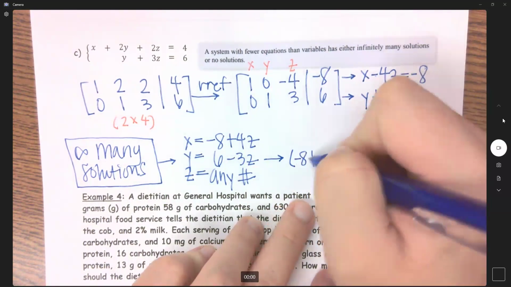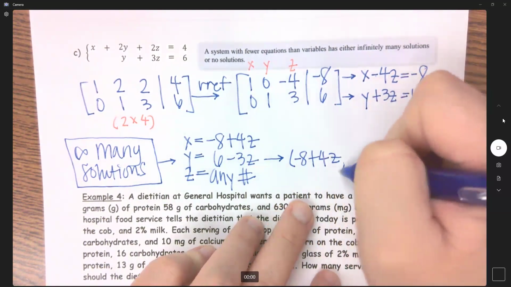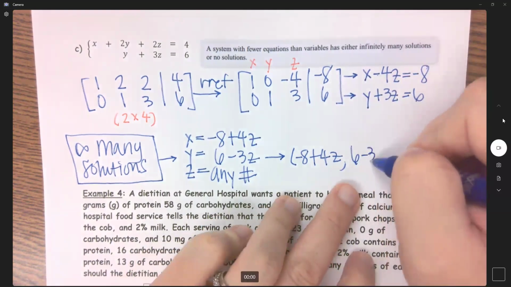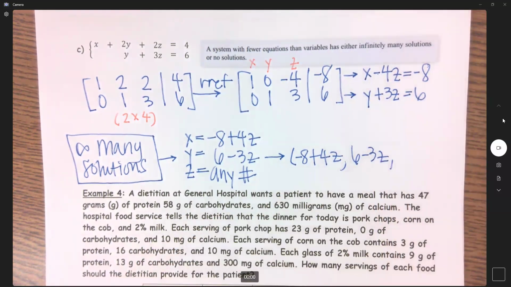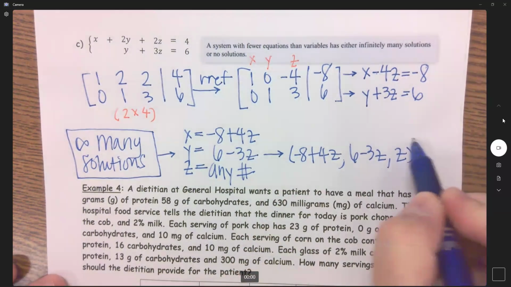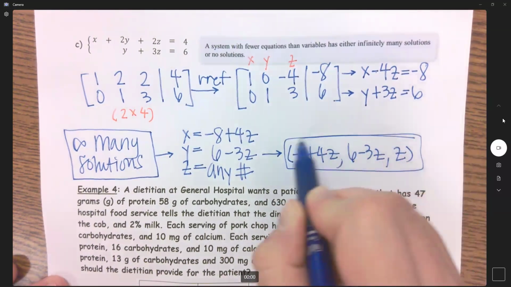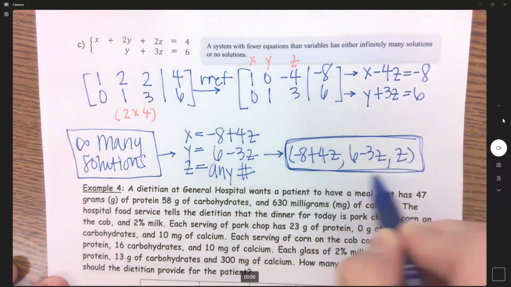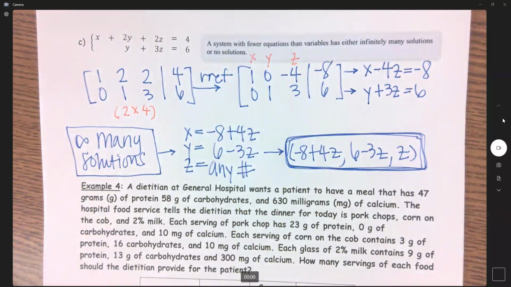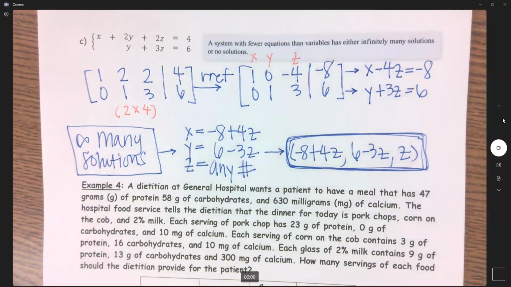So -8 plus 4z, that's my x, comma, then my y is 6 minus 3z, comma, and then my z is any number. So now what I have found is a formula to find any number of these infinitely many solutions.